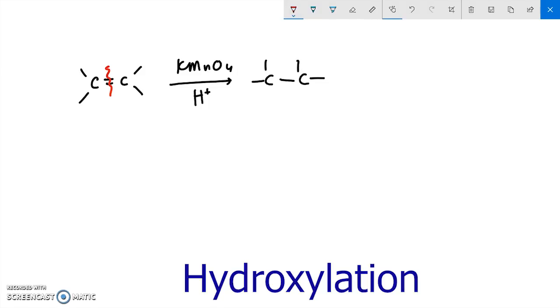The pi bond, which has been broken, will attach to the hydroxyl group and thus producing a diol compound.